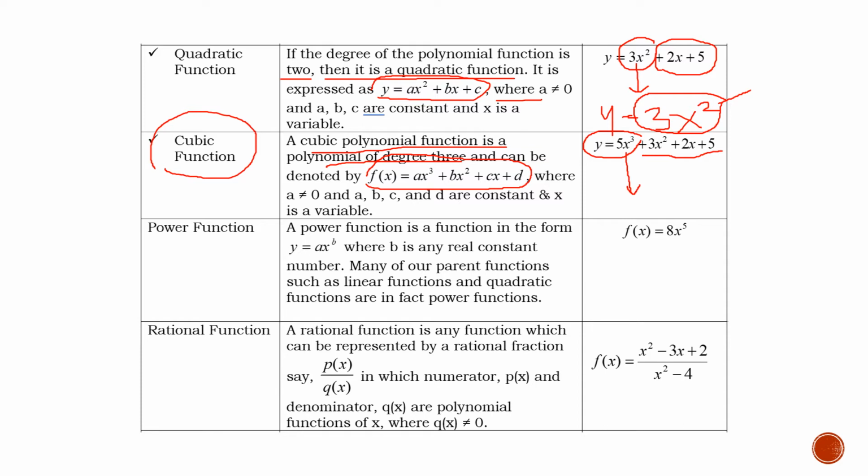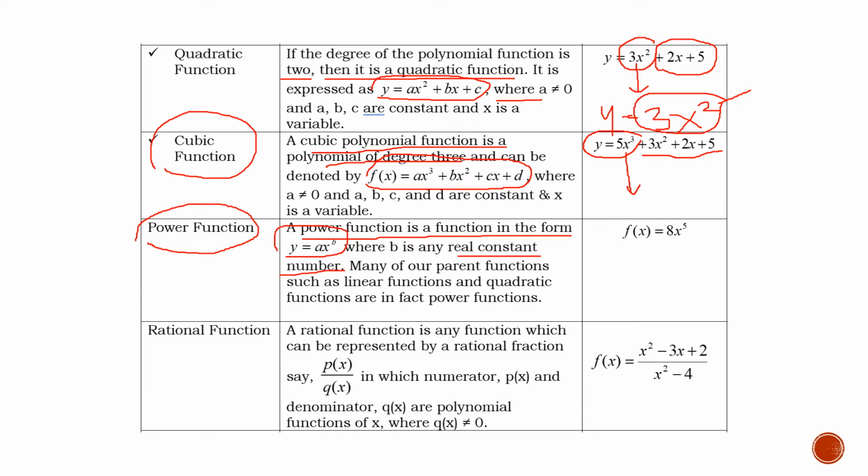For the next, the power function. A power function is a function in the form, so we need to follow this one, y is equal to ax raised to b, where b is a real constant number. Meaning to say, in your exponent b, there is no involvement of your variable x.